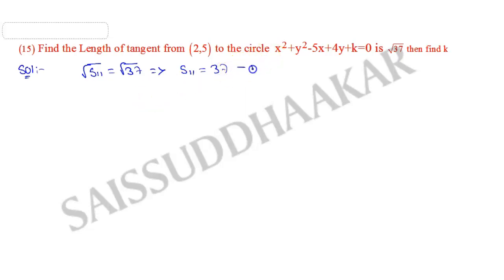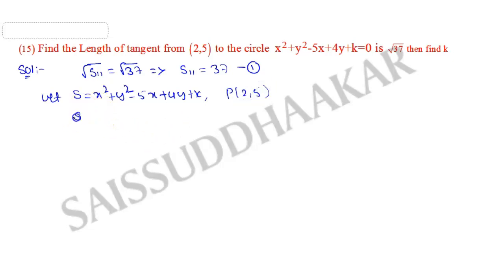So this is condition number 1. Here let S be the given circle, x² + y² - 5x + 4y + k, and the point is given as (2, 5).